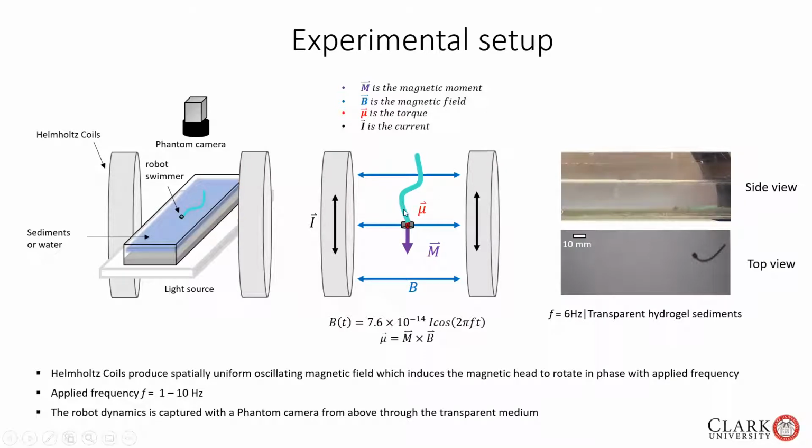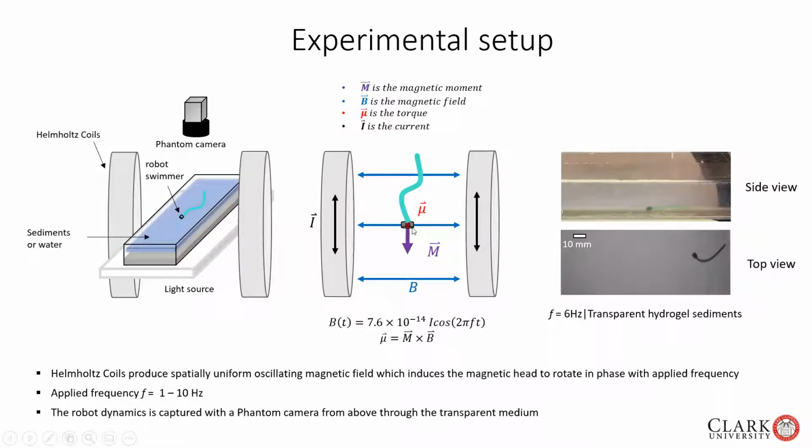In the diagram in the middle, we can see the mechanism of this robot a little closer. If we apply an alternating current to the Helmholtz coil, it generates an alternating magnetic field, and that magnetic field crosses with the magnetic moment of the magnetic head.